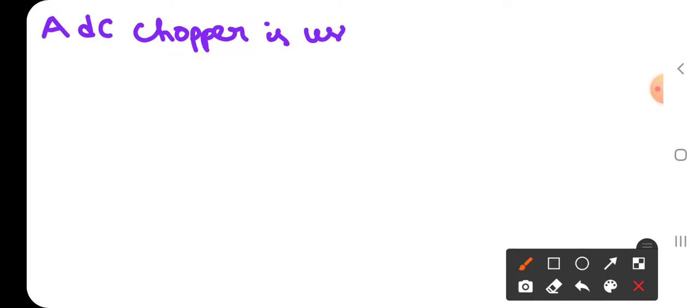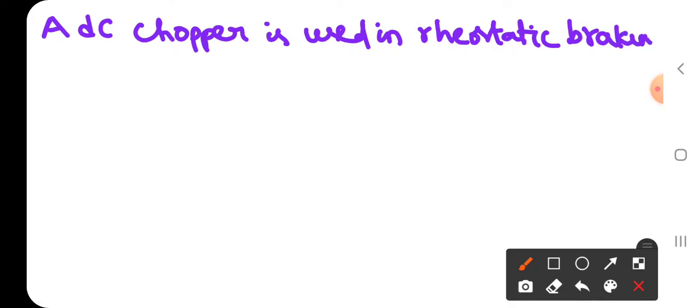A DC chopper is used in rheostatic braking of a DC separately excited motor.